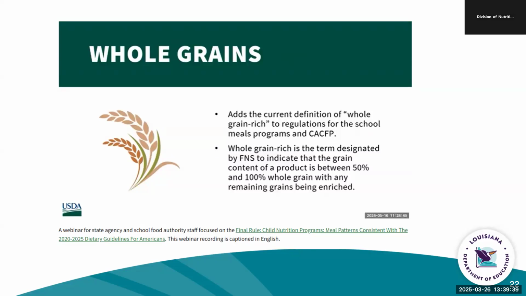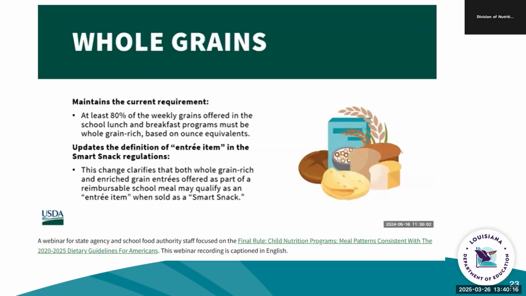When you see the term whole grain rich, that term is defined by USDA FNS to indicate that the grain content of the product is between 50 and 100% whole grain, with any remaining grains being enriched. Okay, so it's going to clarify things a little bit, and I really think the intent of this is to give a lot of these manufacturers guidance on what they can label as whole grain rich. So that's going to be something to look for.